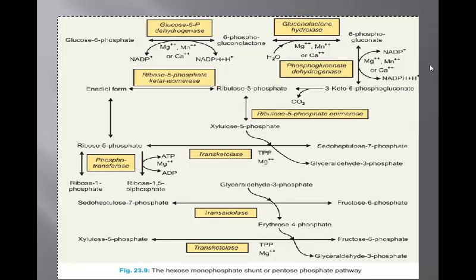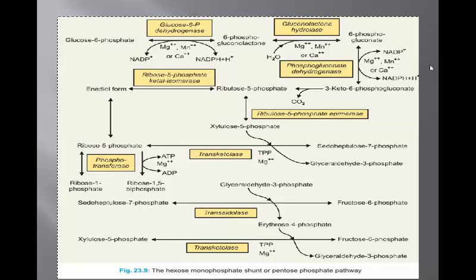Another transketolation occurs where the remaining xylose 5-phosphate, because 2 xylose 5-phosphate were formed, reacts with this erythrose 4-phosphate. Here again the keto group from xylose 5-phosphate is transferred to erythrose 4-phosphate and results in fructose 6-phosphate, and the remaining 3-carbon unit is now glyceraldehyde 3-phosphate.